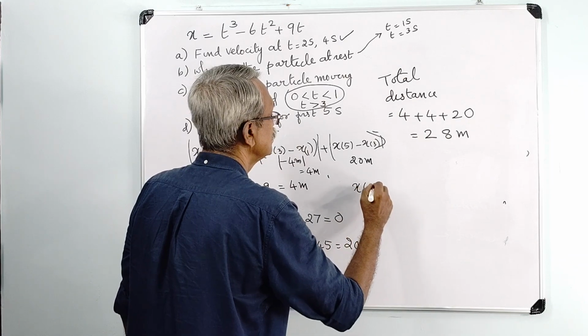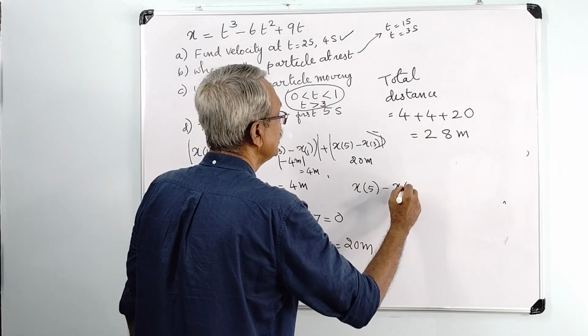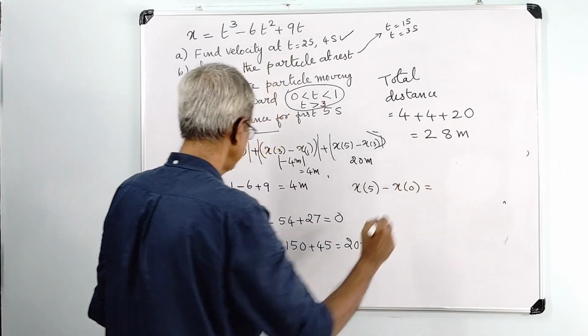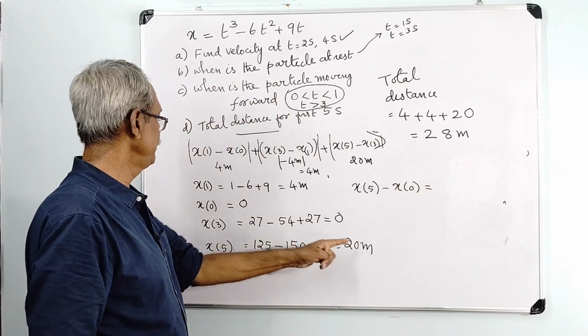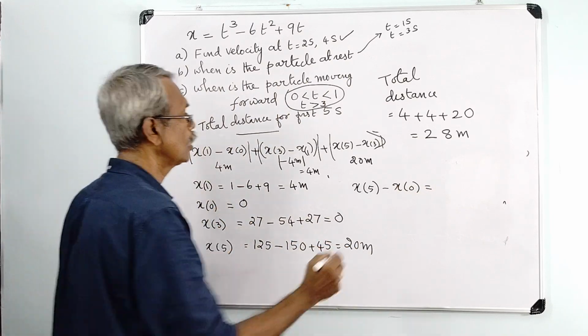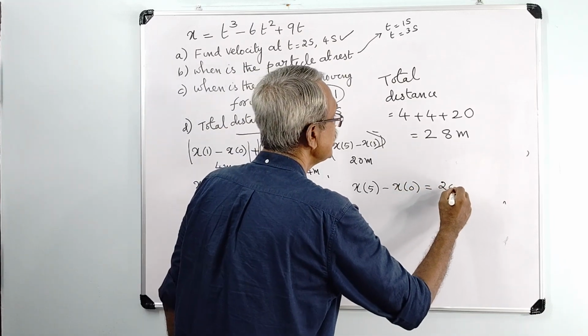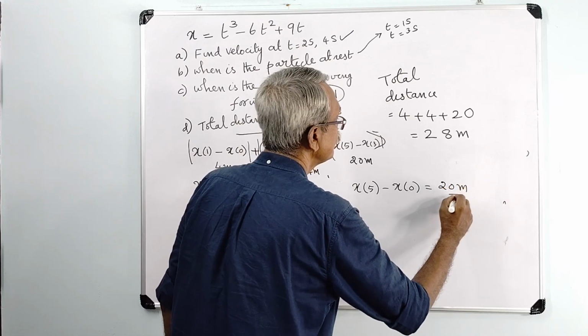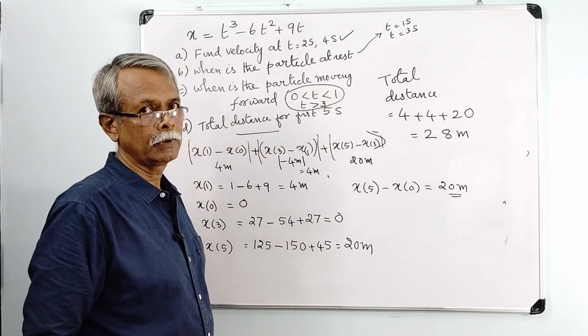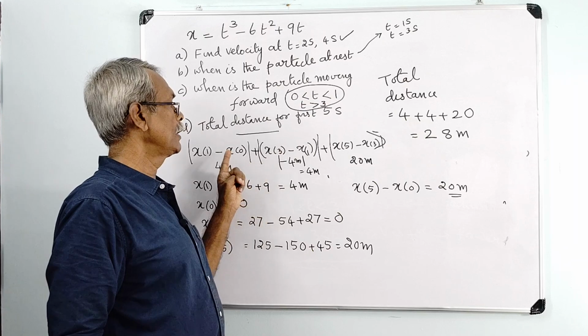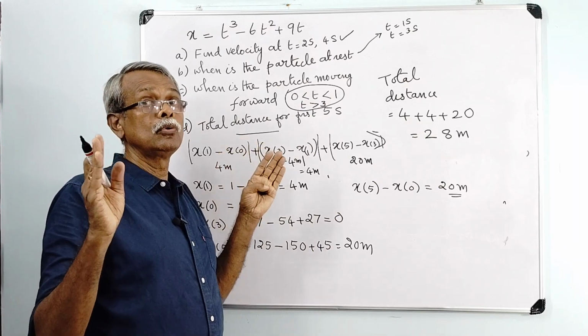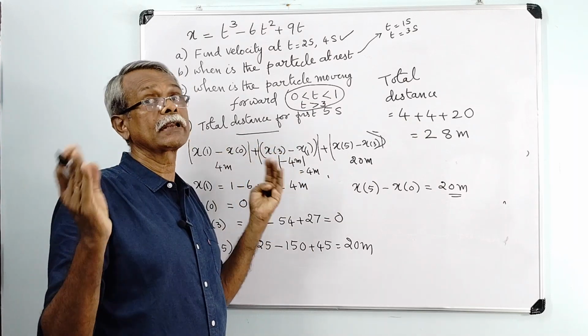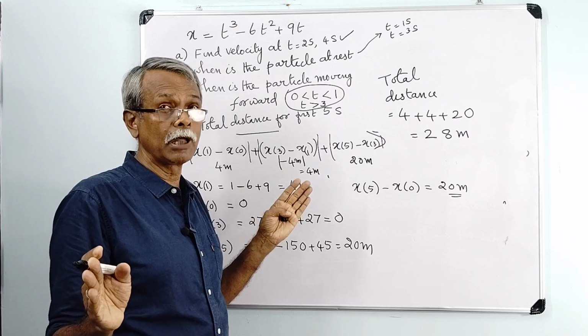If you work out x5 minus x0, you can see that x5 is 20, x0 is 0, therefore this will only be 20 meter. Here also you can split it into 3 different parts and calculate the displacement, there is no problem.